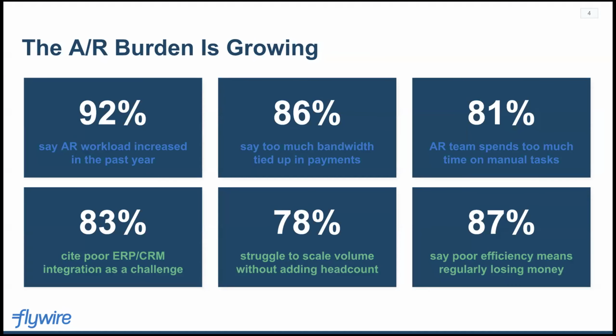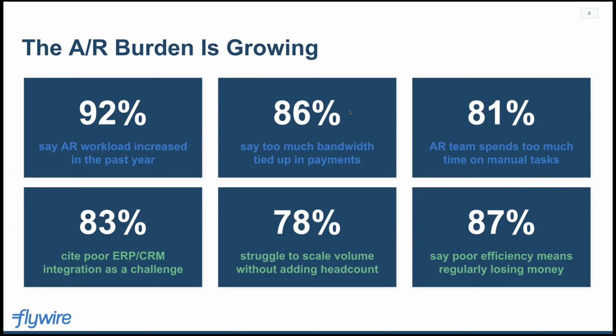So when we dive into the statistics of where the burden from an accounts receivable process is really coming from and what is growing there, it really helps us quantify what we're experiencing today. We already saw this number at the top left, right? 92% are in agreement: the workloads are increasing. What else are they saying though? 86% of folks are saying that team bandwidth is tied specifically to payment related activities.